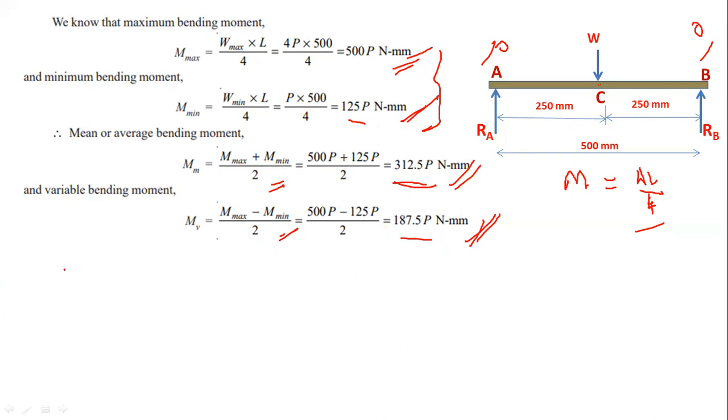After getting the mean and variable bending moments, you have to find out the value of section modulus and bending stress. Bending stress equals M by Z. M by Z is the bending stress.